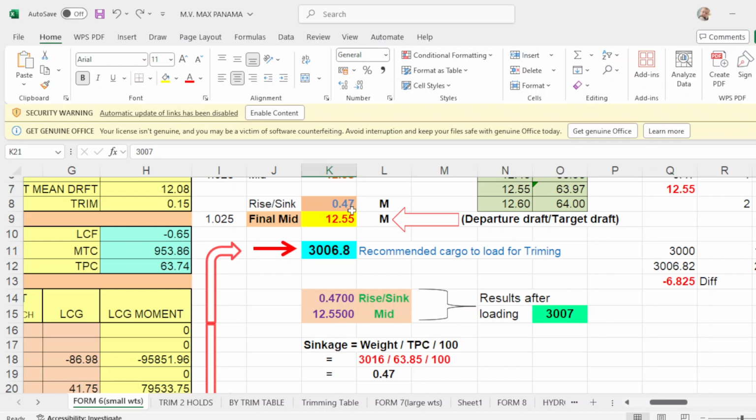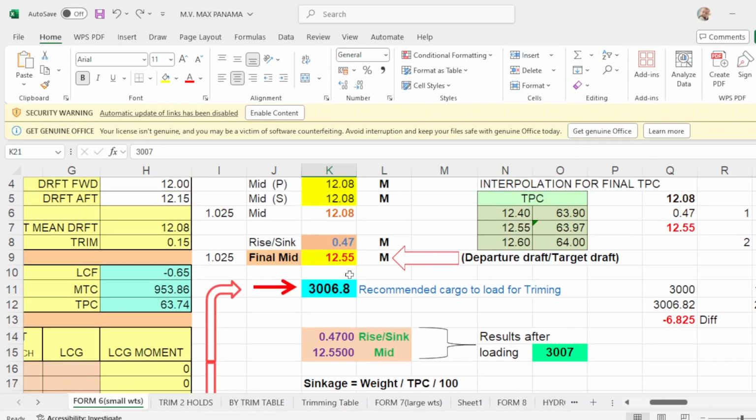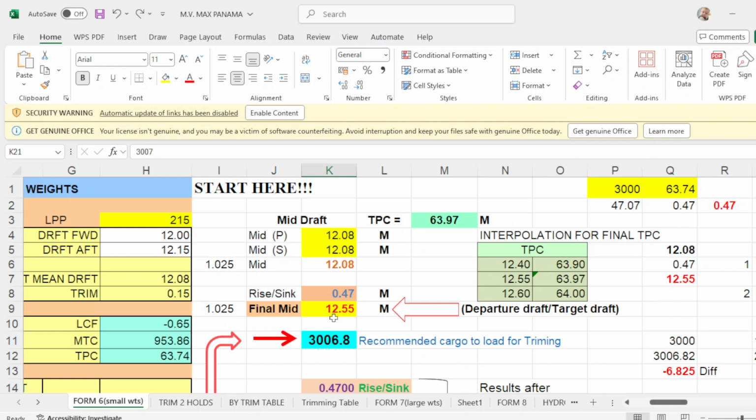Another point I would like to discuss: once you already have your final mid draft of 12.55, you interpolate the TPC for this final draft of 12.55. When it is interpolated, the true TPC is 63.97.